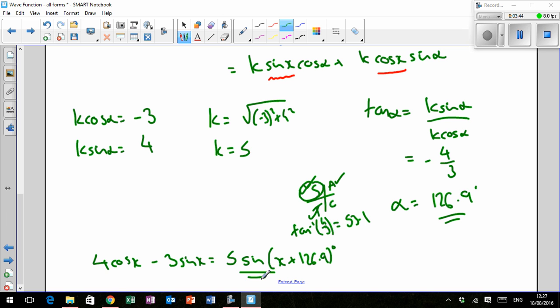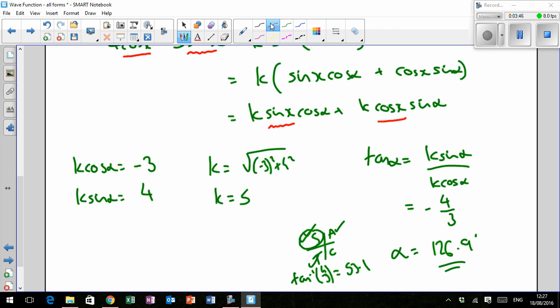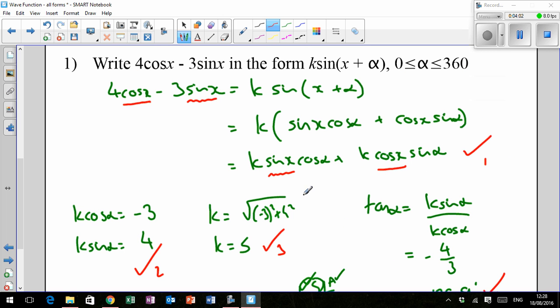Same again for the marks: one for the expansion, second one for your equivalencies, third for your k, and fourth for your alpha. Now you can see there's not much difference. You just need to stay on top of it. The negatives are going to come and you need to be careful with that. But also because you get different expansions, you just need to make sure you're making the right equivalencies.